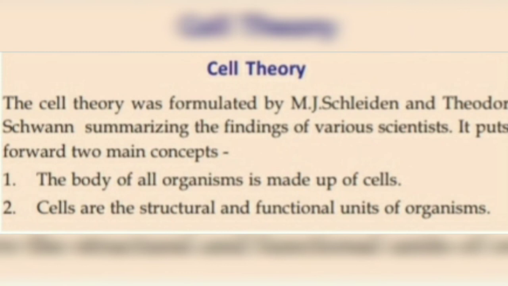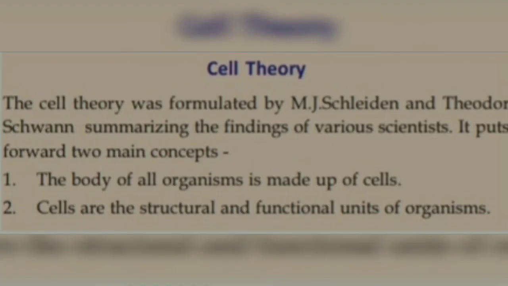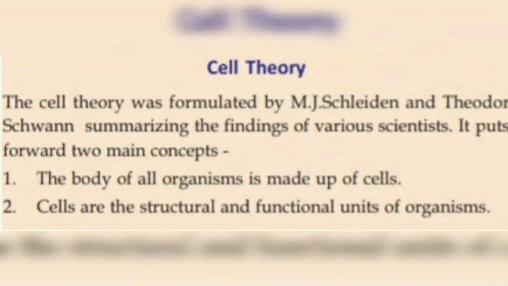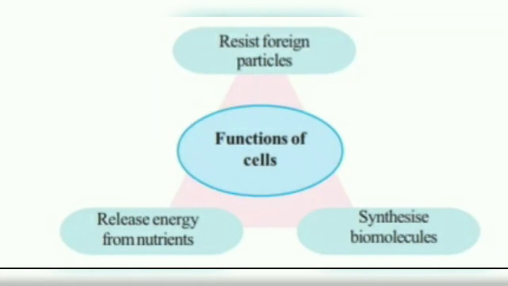The second one is cells are the structural and functional units of organisms. What are the functions performed by cells? Functions of cells: resist foreign particles, synthesize biomolecules, release energy from nutrients. These are the functions of cells.